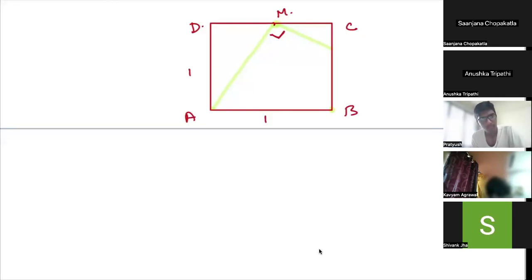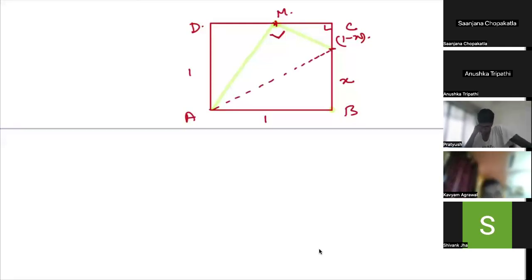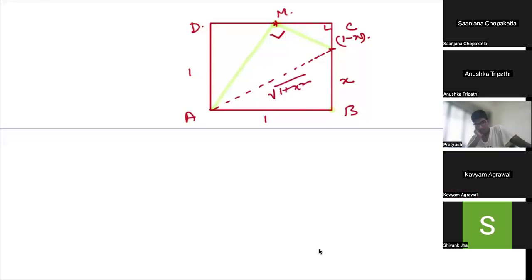Let this be length 1. This is the midpoint. This is x, and this will be 1 minus x. This is 90 degrees. Right? This is nothing but under root of 1 plus x square.